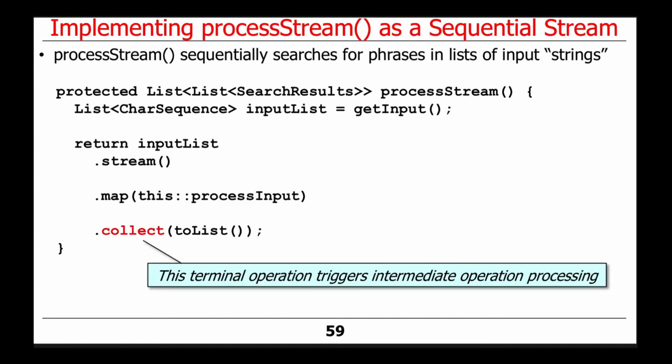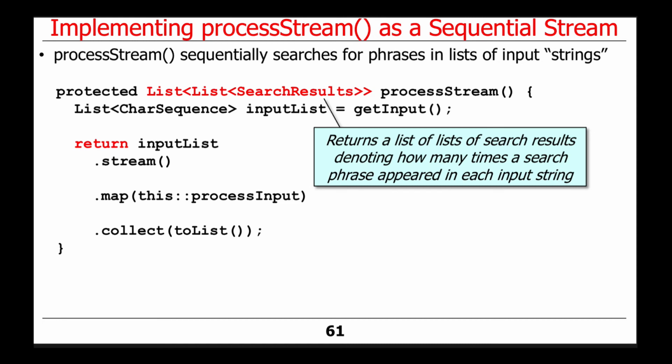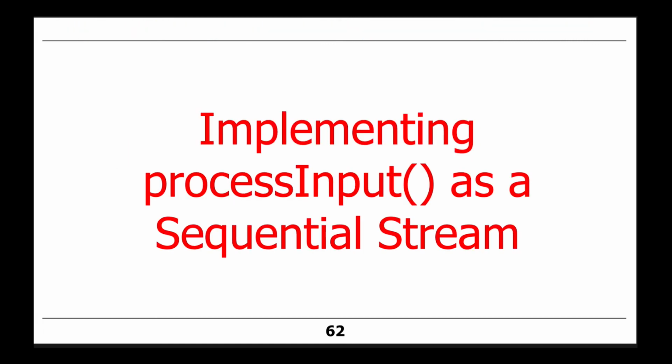We collect those results together, triggering the intermediate processing, and make a list of lists of search results as the return value from this method. So that's the code. Very canonical, right? Almost every piece of code you'll write with streams converts some data source into a stream, does a bunch of processing with map or filter or whatnot, and collects the results into some type of container. So this is just kind of the canonical way of doing things.